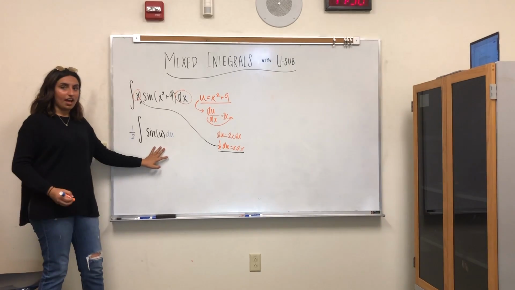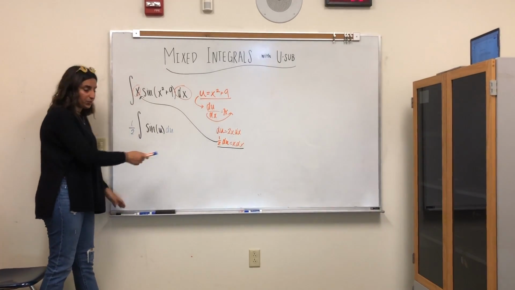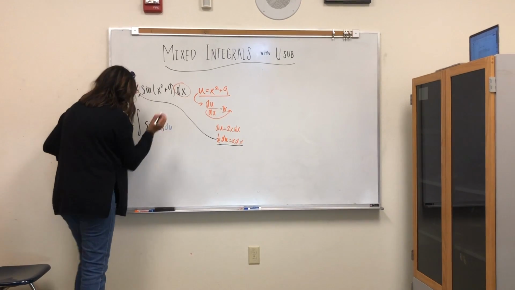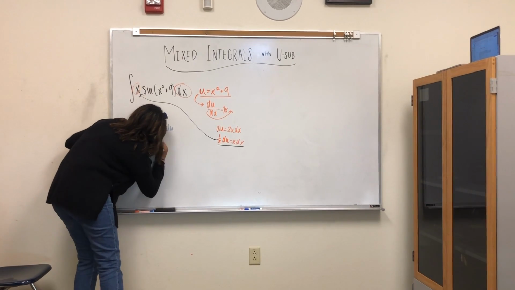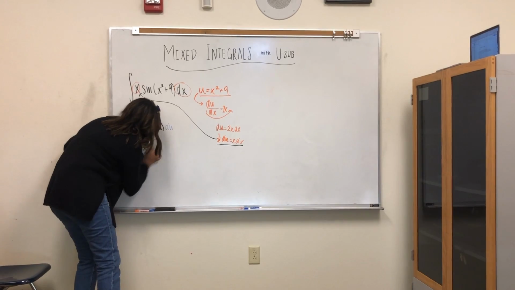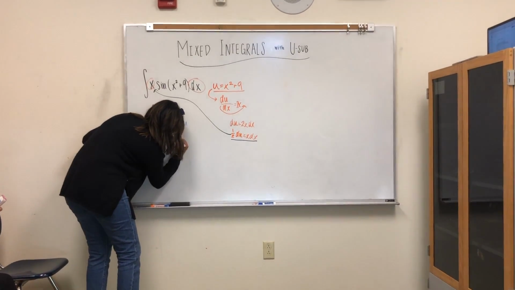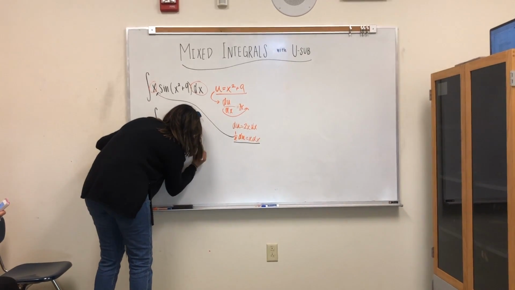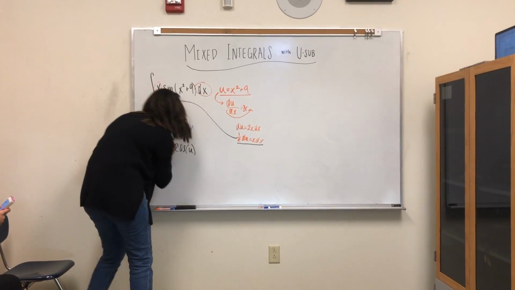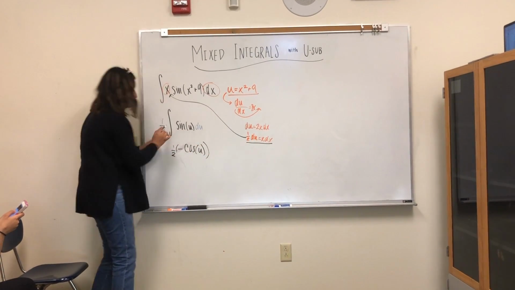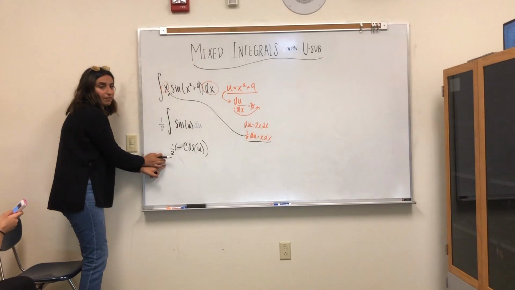So the antiderivative of sine of u is going to be negative cosine of u, but don't forget the 1/2 out there because it's a constant, so you still have to plug it back in.